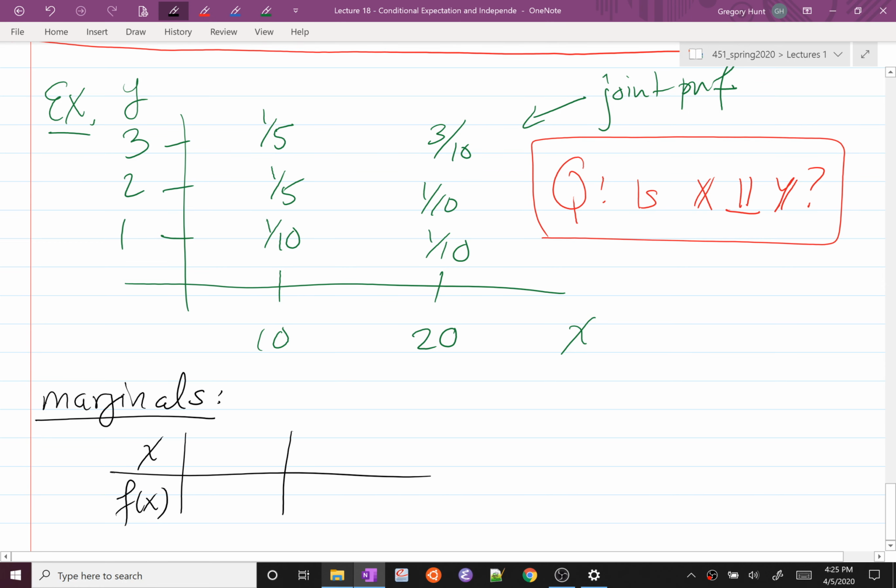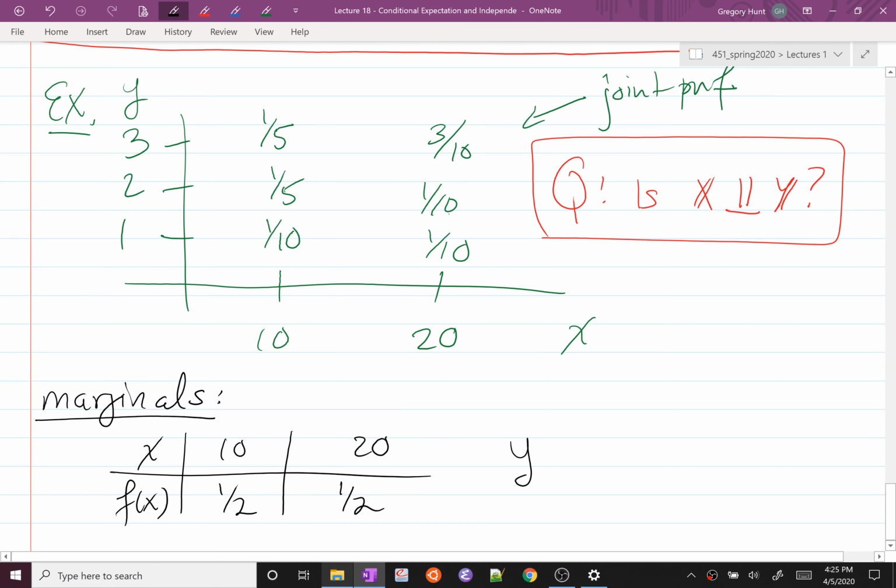X can take on two possible values, 10 or 20. And I get the marginal for x by summing over the margins. So I sum 1/5 plus 1/5 plus 1/10. That should give me 1/2. And similarly, if I sum 3/10 plus 1/10 plus 1/10, that gives me 1/2 also. So x has a simple distribution, either 10 or 20, with 1/2 probability for each.